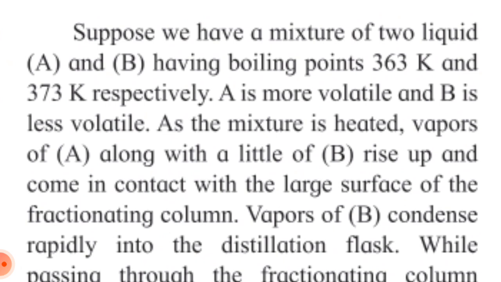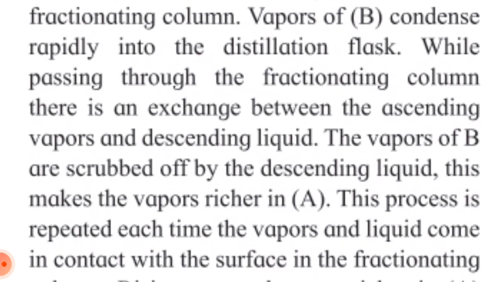As the mixture is heated, vapors of A along with some vapor of B rise up and come in contact with the large surface of the fractionating column. Vapor of B condenses rapidly into the distillation flask. While passing through the fractionating column, there is an exchange between the ascending vapors and the descending liquid.